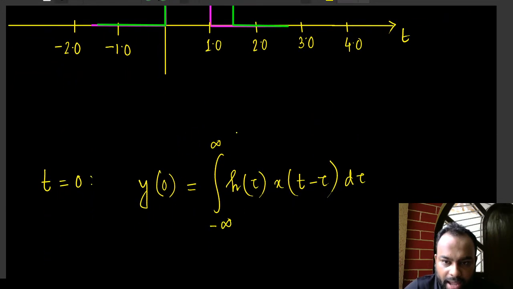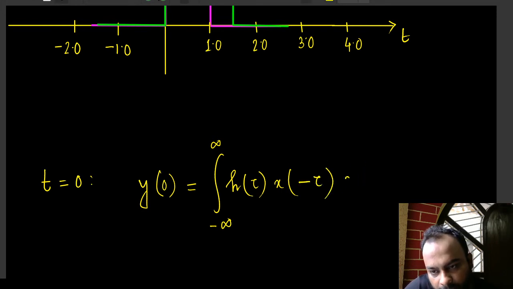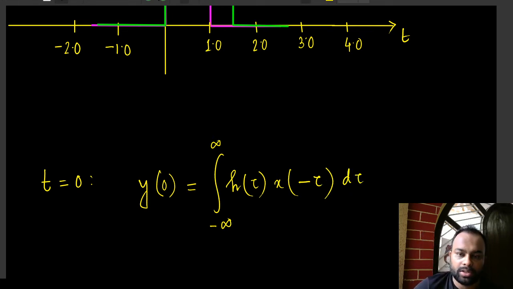Right? And now here t is equal to 0. So you basically have minus tau. Try to understand, we are doing this integration.